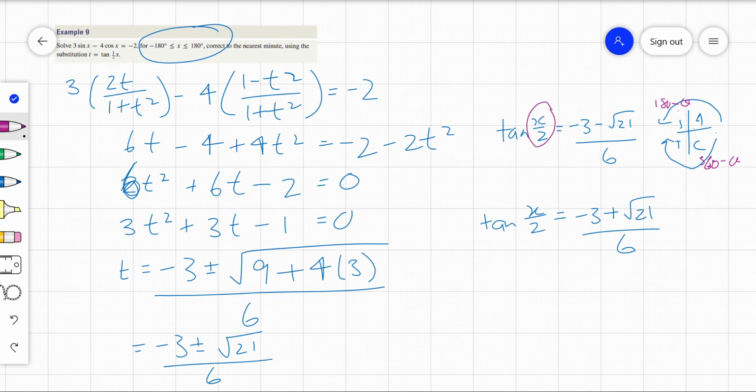So I'm actually only looking between minus 90 and 90, so I'm only looking here and here. So I am only going to get one answer, which is the 360 minus the acute angle for my x on 2. So I inverse tan that answer, minus 3 minus root 21, divided by 6, and I'm inverse tanning that answer.